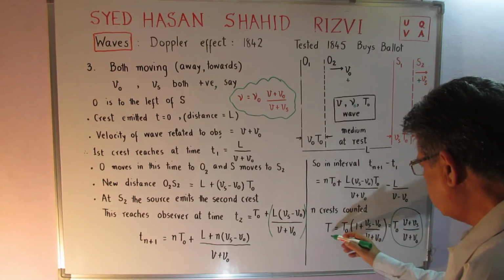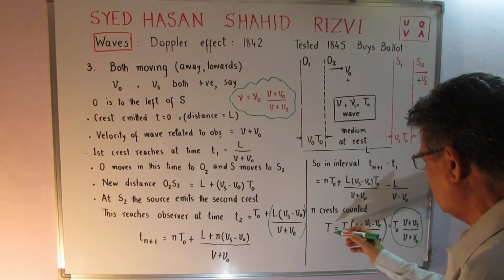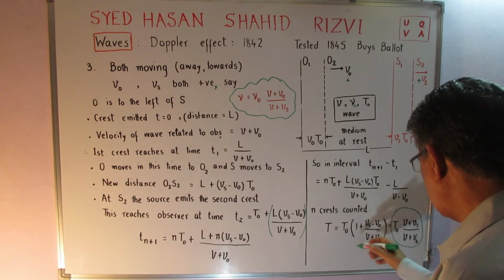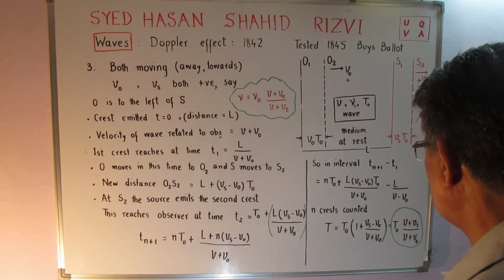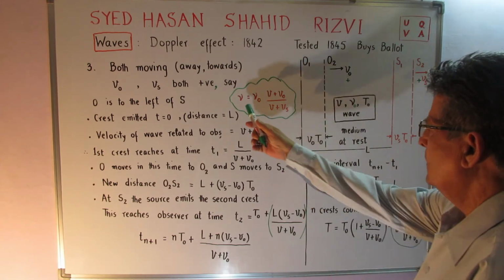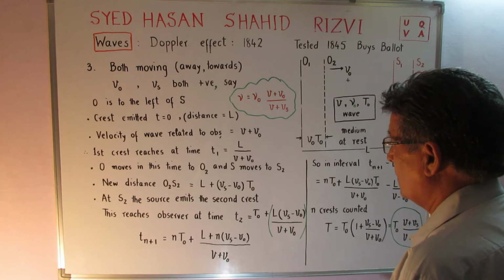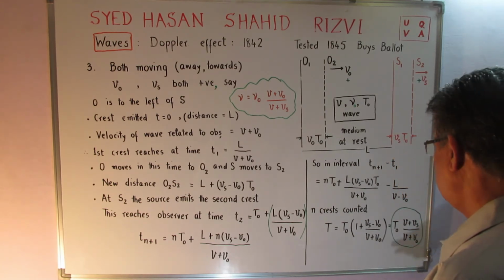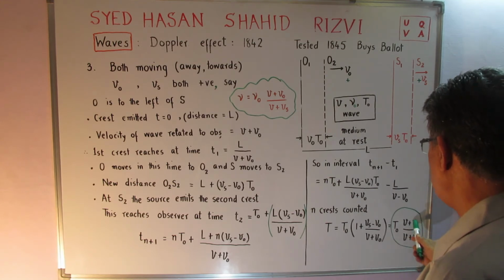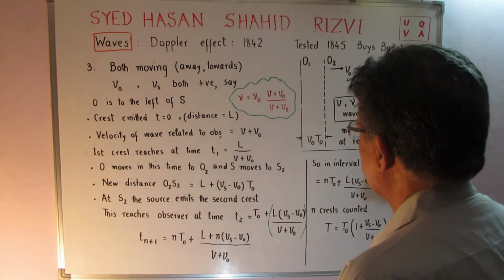If we now write the corresponding frequency, 1 upon t, I get 1 upon t naught times the inverse of this whole thing, and this works out to be nu equal to nu naught, the real frequency with which the sound is emitted, times (v plus vo) divided by (v plus vs).